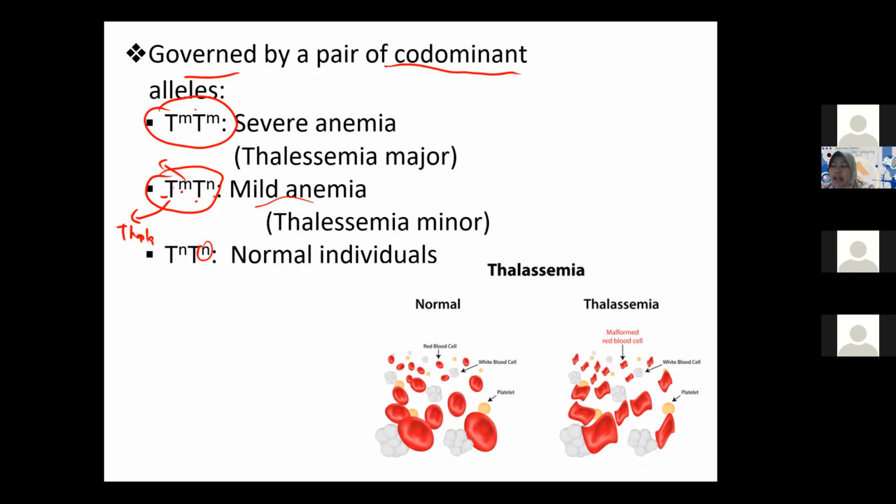Okay, cuba buat crossing sekejap. Ulang kaji chapter genetic. Show the cross between one parent having severe thalassemia and the other parent with mild thalassemia. Kita punya cross macam mana? A person with severe thalassemia, TM TM, cross with a person with mild thalassemia, TN.